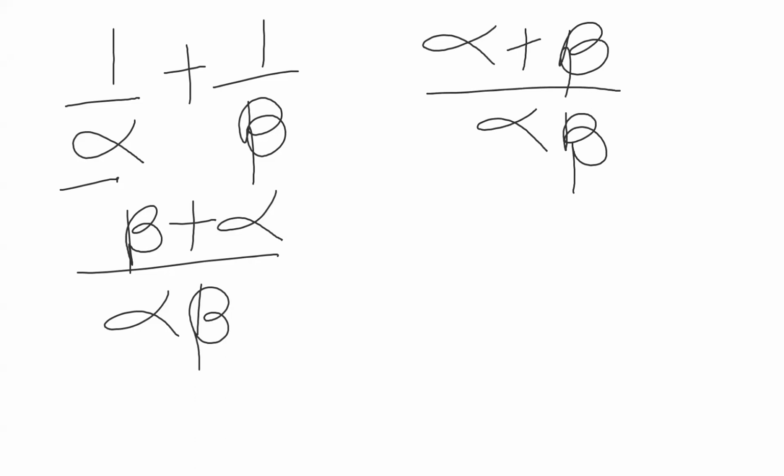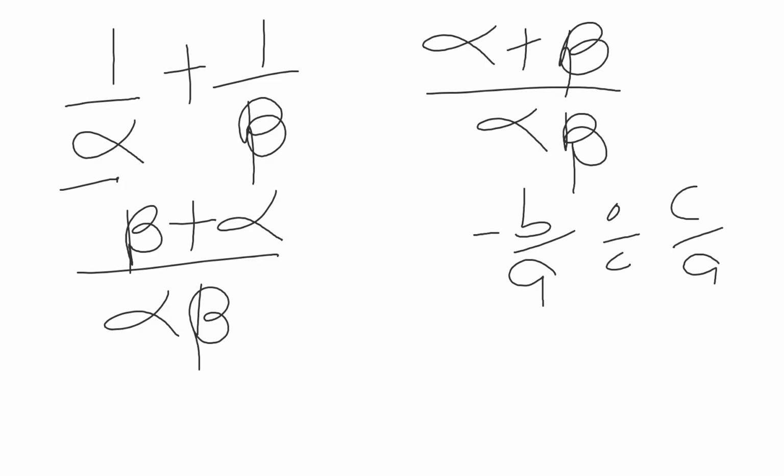Yes, sir. And what did you say alpha plus beta is? Negative B over A, right? Yes, sir. Divided by alpha beta. Alpha beta is what? C over A. You're following, right? Yes, sir.